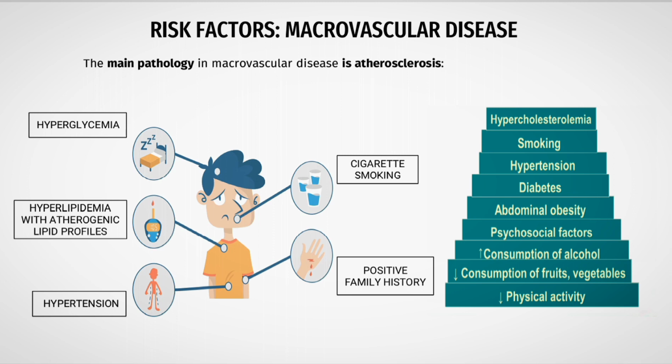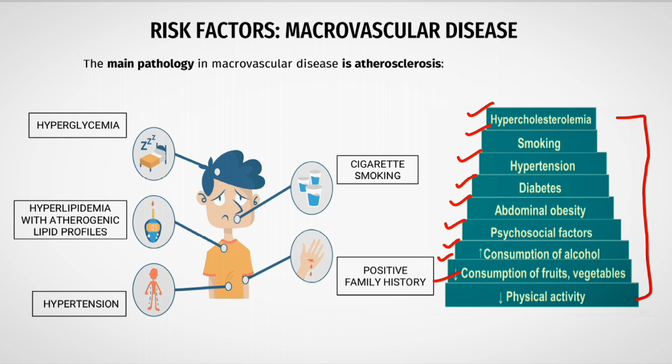As we have discussed, macrovascular diseases are multifactorial in nature. They include various modifiable and non-modifiable risk factors. However, the main pathology behind the development of macrovascular disease is atherosclerosis.